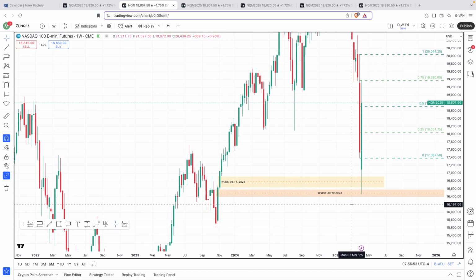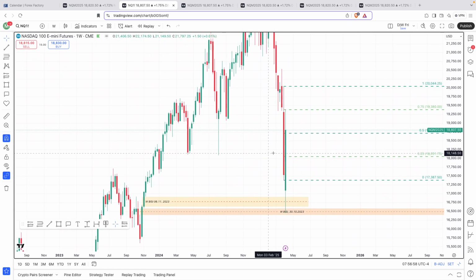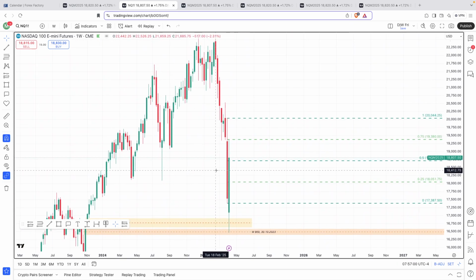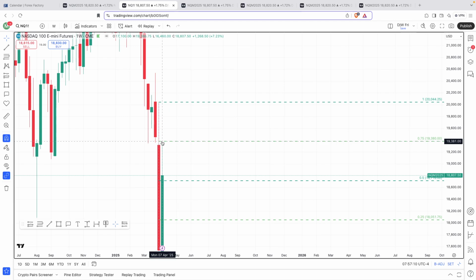So I'm going to transpose these values to the time frames below the weekly. And then notice if we take the previous week range and we add the quadrant levels, we have the 75% level, and see how that is respected as the high of the week, which we made on Wednesday that we saw before.